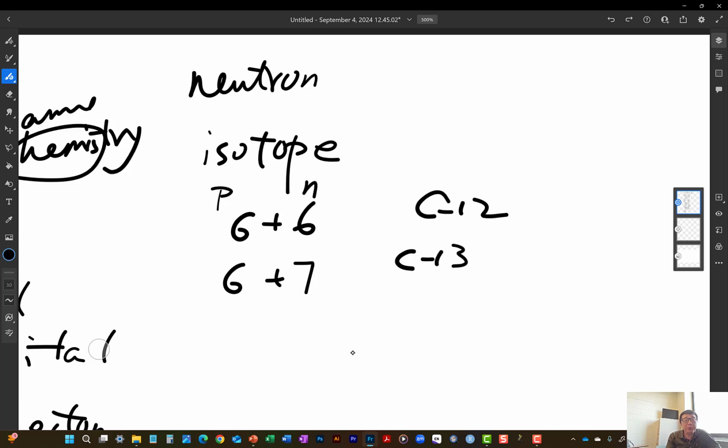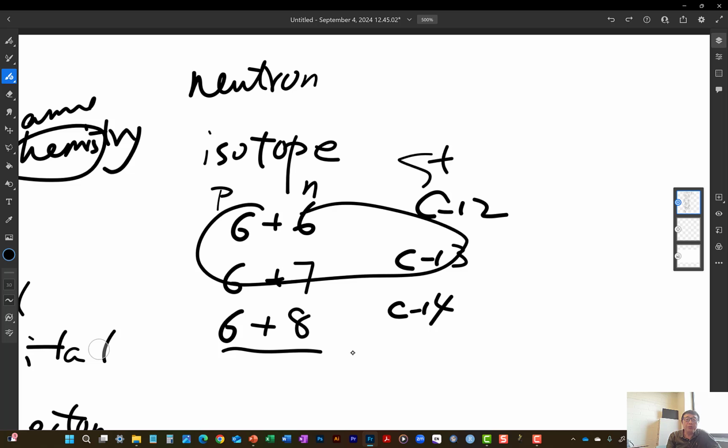About 1% of the carbon is this. And then some have 6 and 8, called C14. C14 is extremely rare, and it is unstable. These two are called stable isotopes, and this one is unstable.